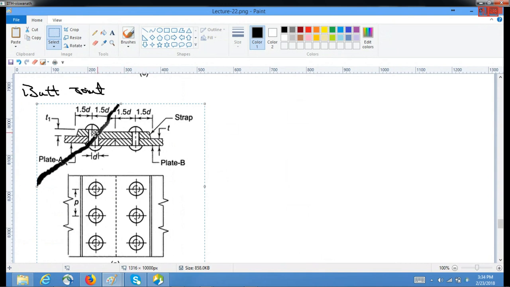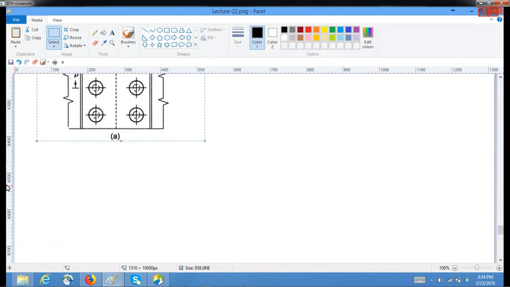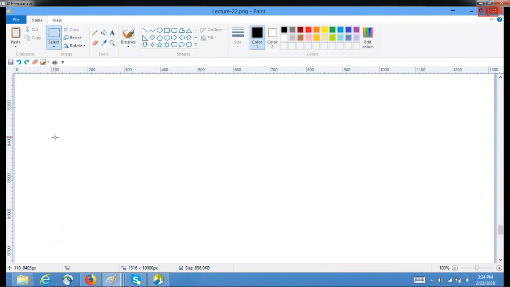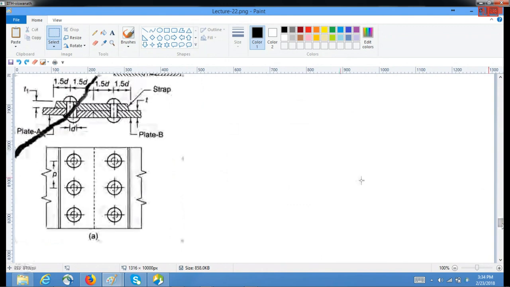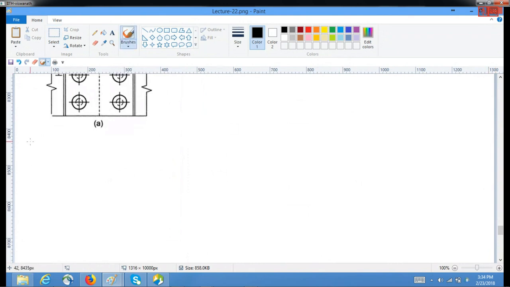The top plate which you are seeing is the strap, and this plate is connected to the strap and that plate is connected to the strap using a line of single rivets, and this assembly is called a single strap butt joint.